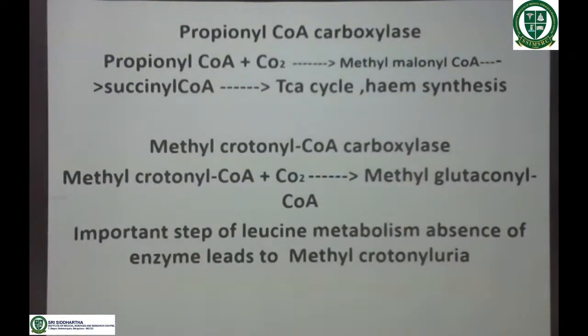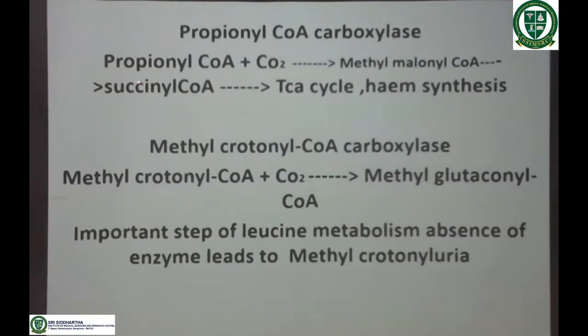So the third important reaction where biotin is required as a cofactor is in conversion of propionyl-CoA to methylmalonyl-CoA. Propionyl-CoA is an odd chain fatty acid. So the oxidation of odd chain fatty acid, that is propionyl-CoA, gets converted to methylmalonyl-CoA with the help of the enzyme propionyl-CoA carboxylase. For the proper activity of this enzyme, we require a carbon dioxide fixation agent, that is biotin.